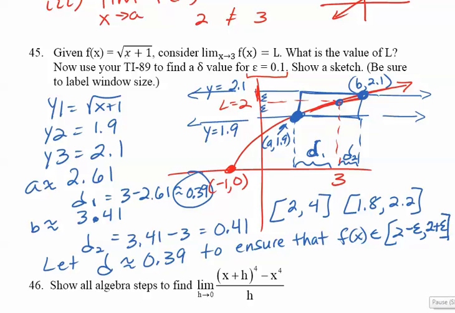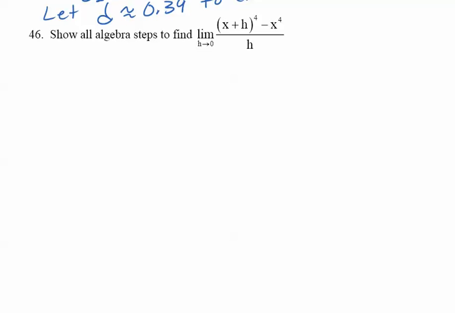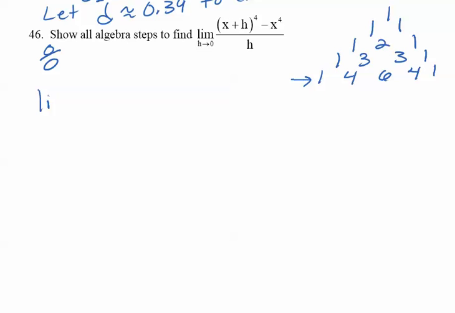All right, almost there. If you remember your binomial expansion here, if we just put 0 in for h, you see that we have our 0 over 0 problem. So we've got no choice here but to do some algebra, and that requires binomial expansion. Pascal's triangle gives us our coefficients if we raise this binomial to the 4th power.